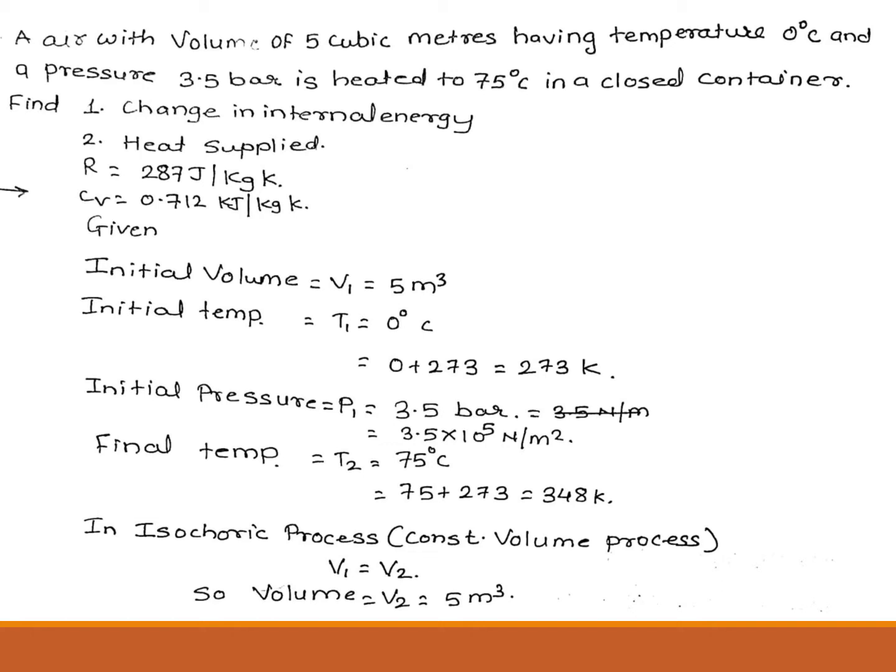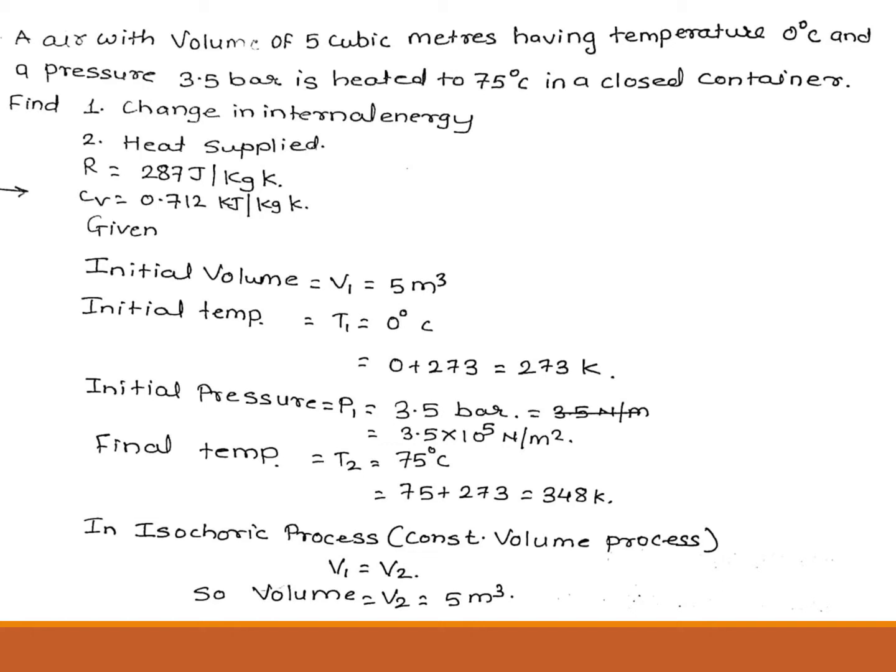When we solve a numerical of an ideal gas process, the process always needs to be decided at the beginning. So in this numerical the process is isochoric. Given initial volume V1 is equal to 5 meter cube.